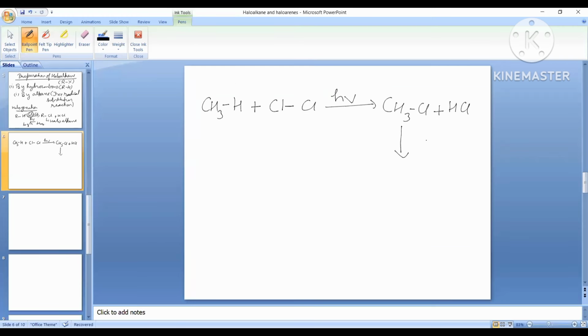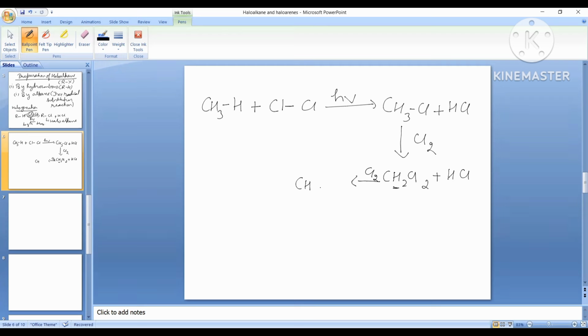It will again react with Cl2. Then the product will be CH2Cl2 plus HCl. It will not stop here also. In the presence of Cl2, it again reacts, and we will again substitute one hydrogen.